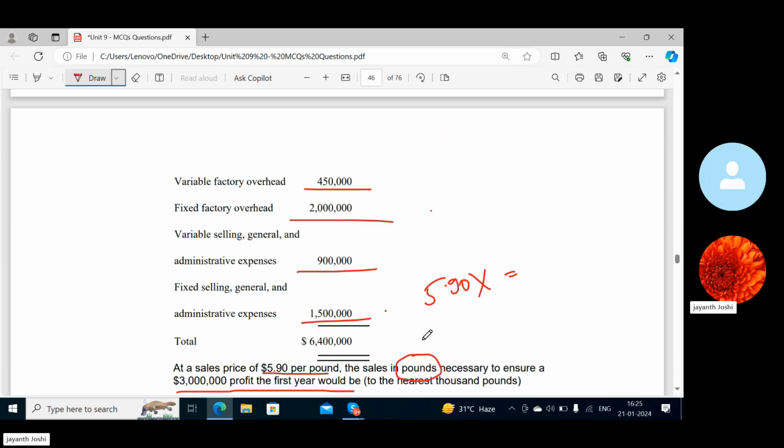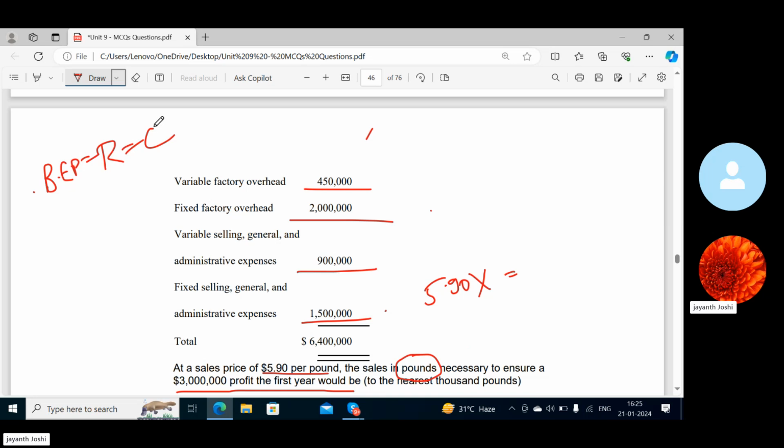Fixed cost: fixed factory overheads, fixed selling and distribution overheads. Actually, as per the break even point, the revenue should always be equal to cost, correct? Yes, sir, this equation we can use.